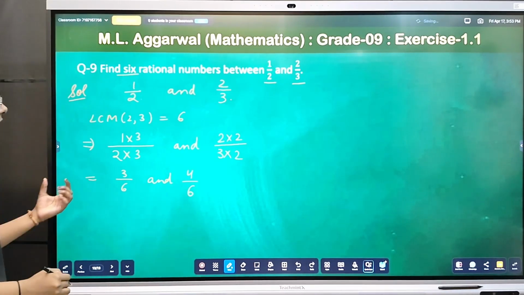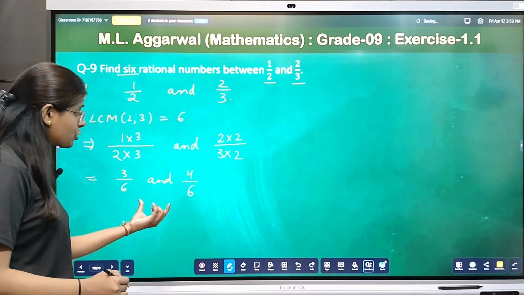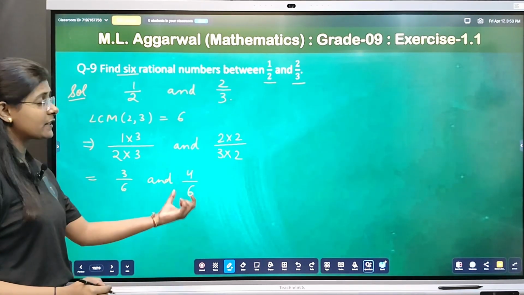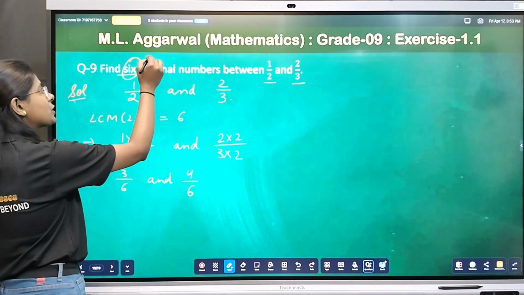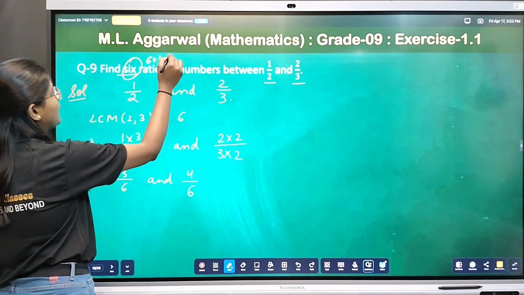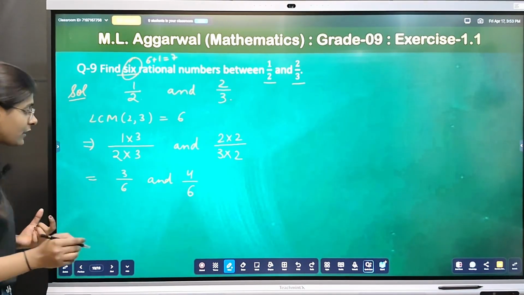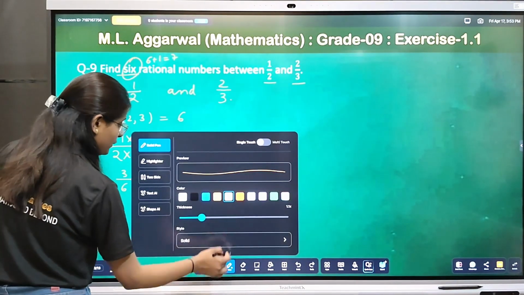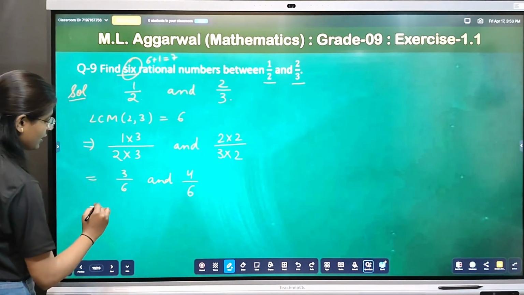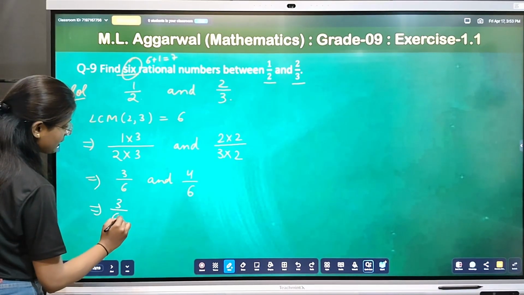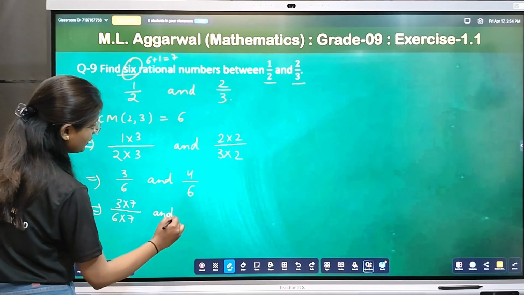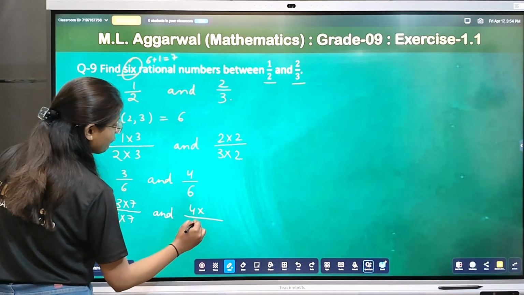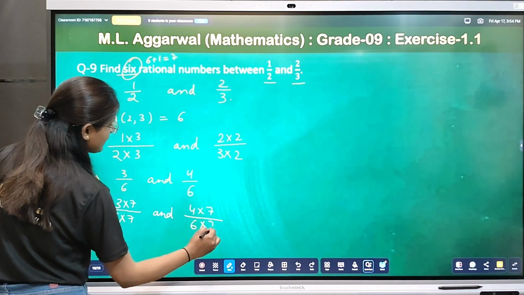However, we could see that there are no numbers exactly shown here between 3 by 6 and 4 by 6. And we need how many? 6 rational numbers. So in this case, we need to multiply by 6 plus 1, 7 in both the cases. When you do this, you will get 3 by 6 multiplied by 7 by 7 in numerator and denominator, and here 4 by 6, and this is 7 by 7.